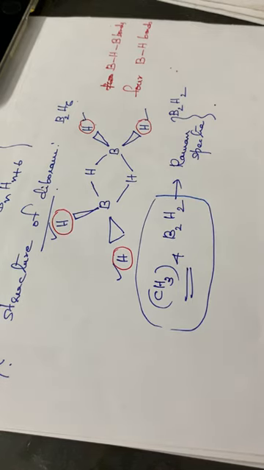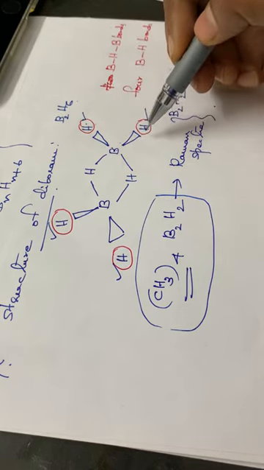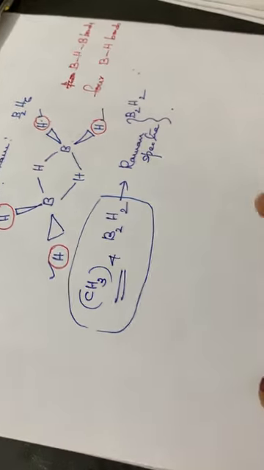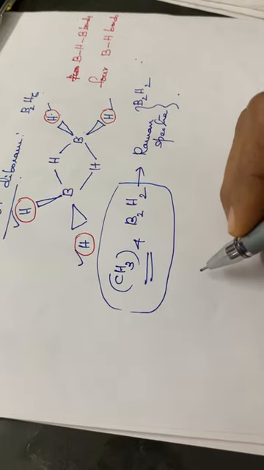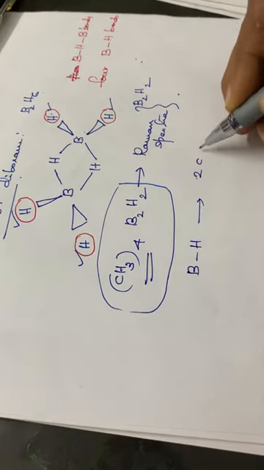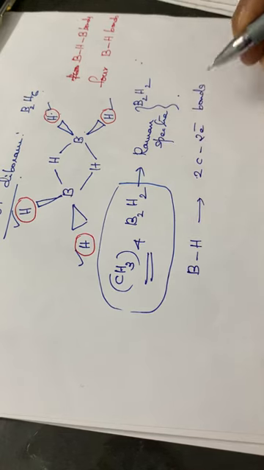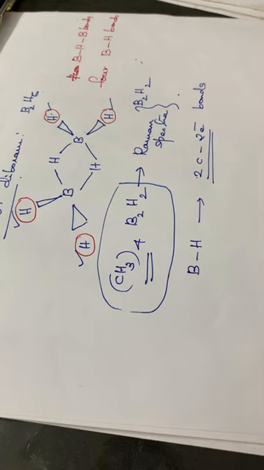Also, the terminal BH bonds are normal covalent bonds. These 4 terminal BH bonds can be called 2 center 2 electron bonds.